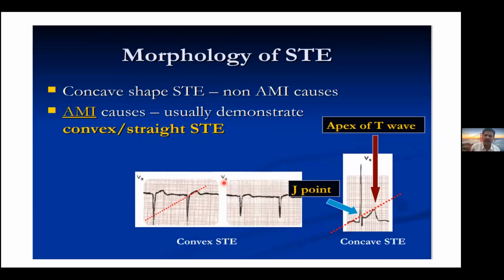Then concave upwards. How do you look at convexity? In my explanation I always say convexity or concavity upwards. This is how you assess convexity and concavity. From the J point to the peak of the T wave, you draw an imaginary line. If the ST segment is above it, we call it convexity. If the ST segment is below it, we call it concavity.